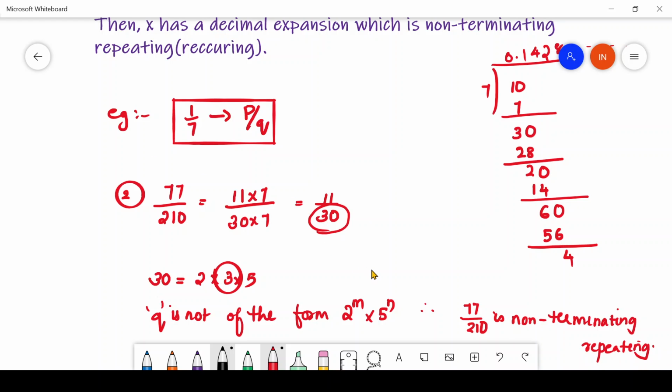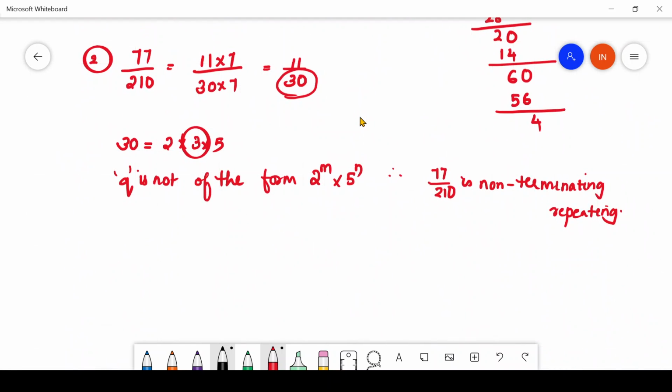I will show you one more example to show how we can recognize this. The third example is the number 129 divided by 2 square, 5 raised to 7, 7 raised to 5. This is directly given, from your textbook.